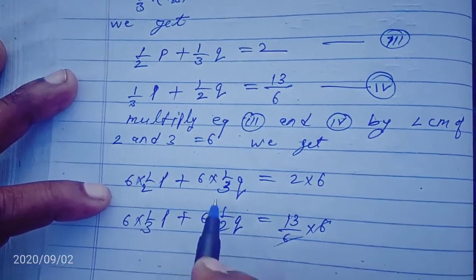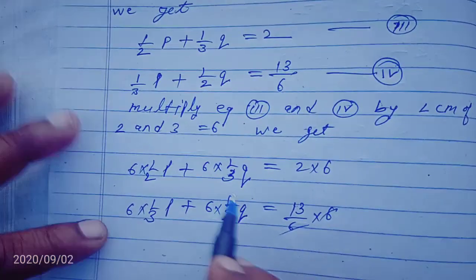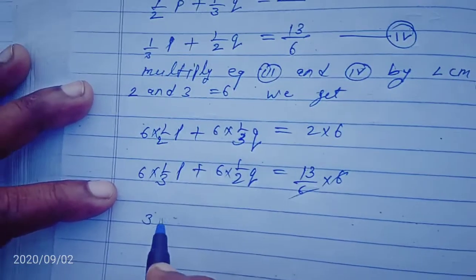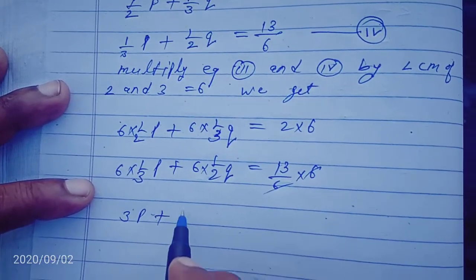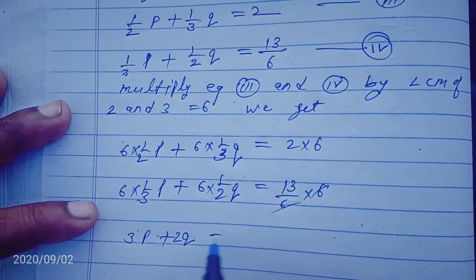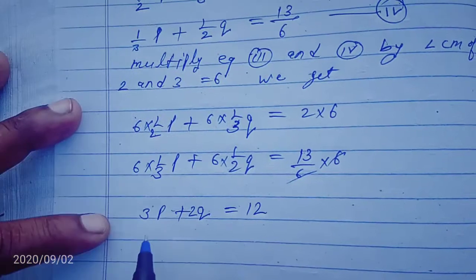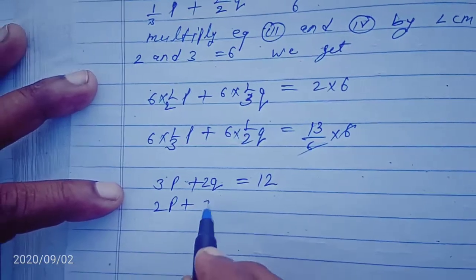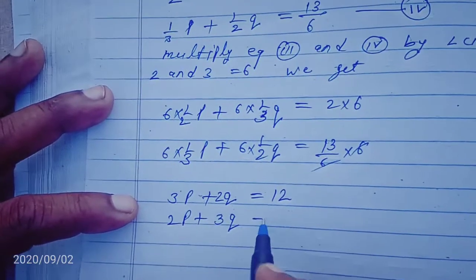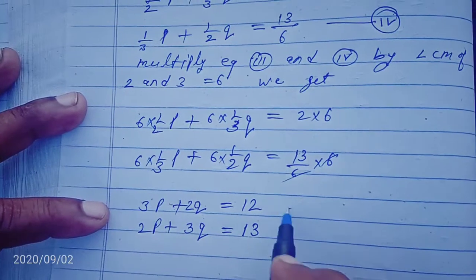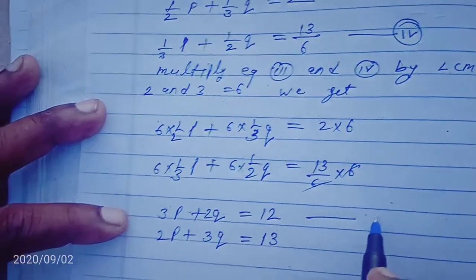The 6 cancels, and we get 3p plus 2q is equal to 12, equation fifth, and 2p plus 3q is equal to 13, equation sixth.